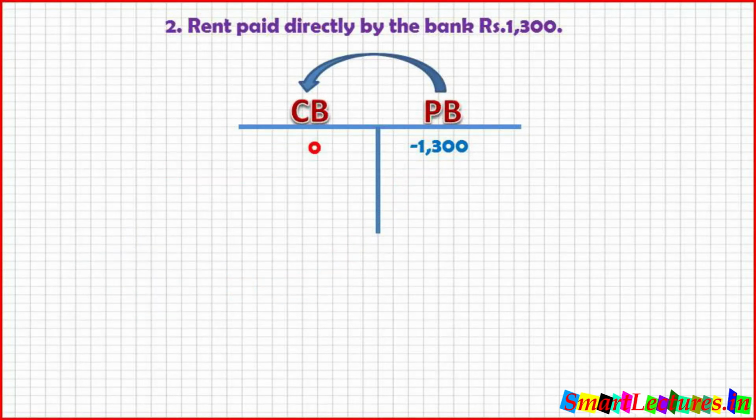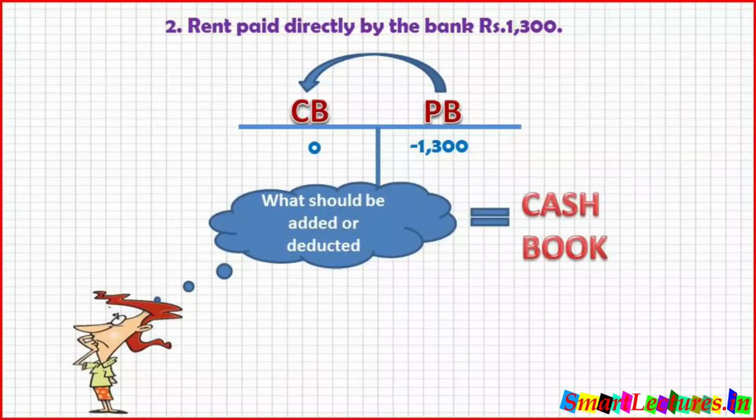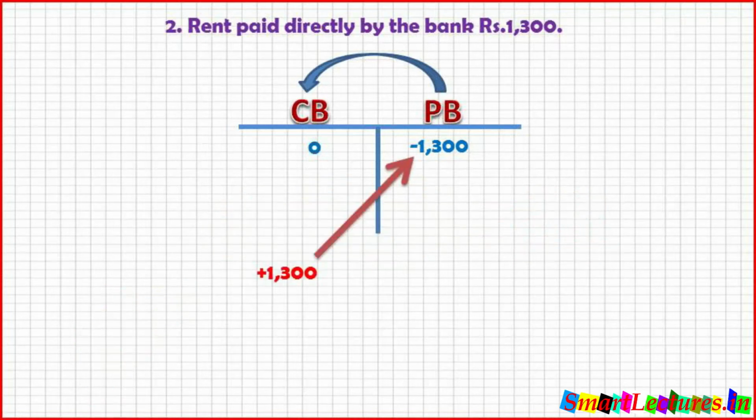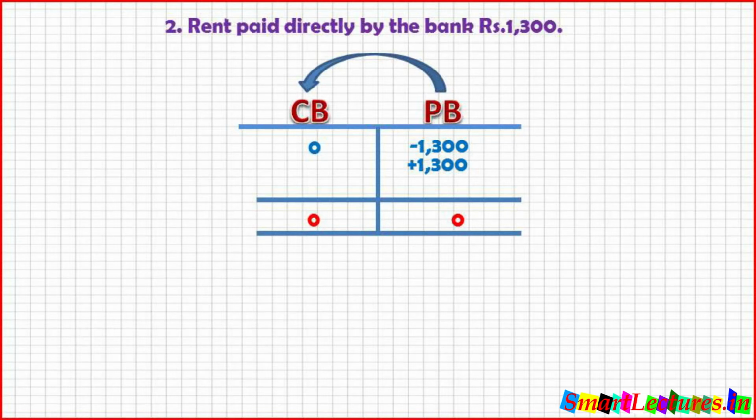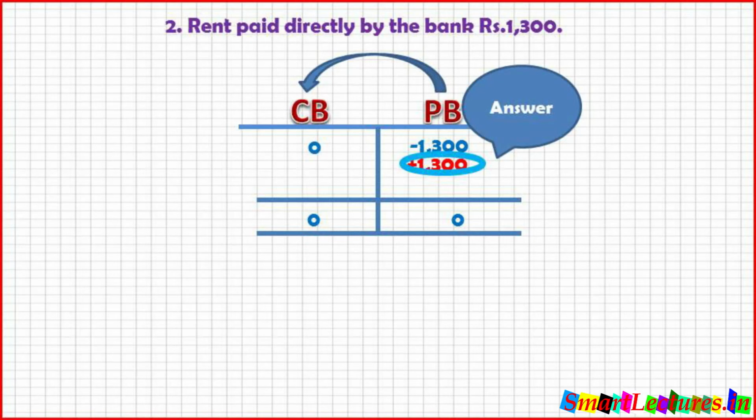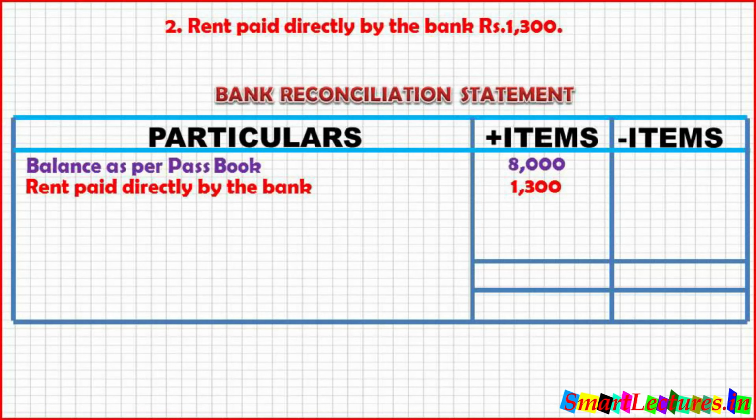Means cash book was showing 0 but passbook was showing 1,300. Now what should be added or deducted from passbook to reach the balance of cash book, means to reach 0? If we add 1,300 in passbook, the net balance will be 0 on both sides. So this will be our answer, plus 1,300. So come to the bank reconciliation statement: rent paid directly by bank, 1,300 in the plus items.